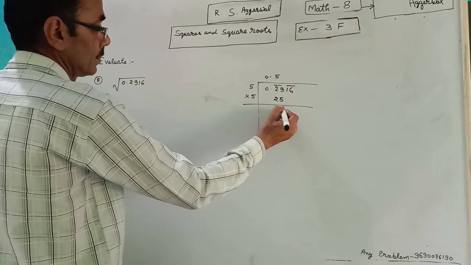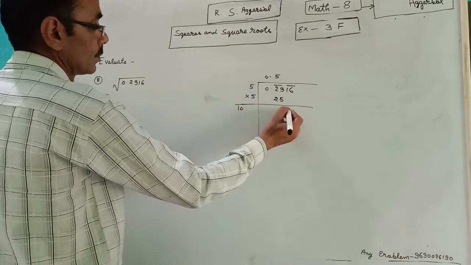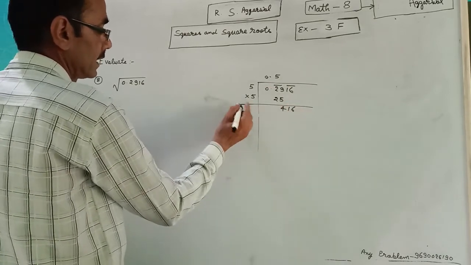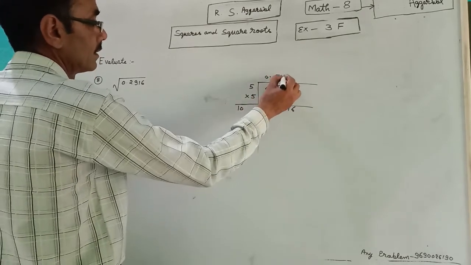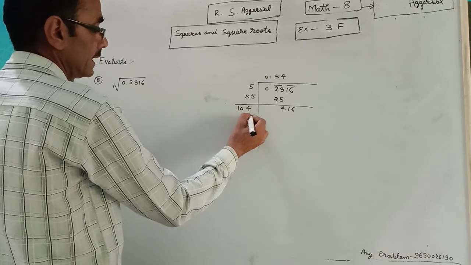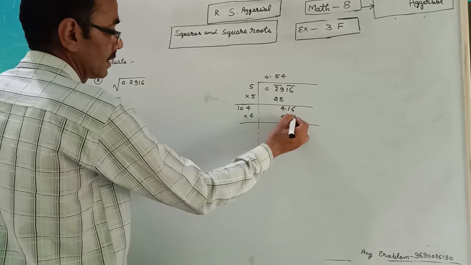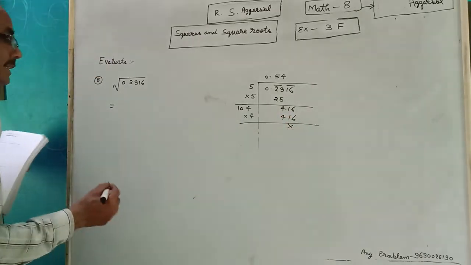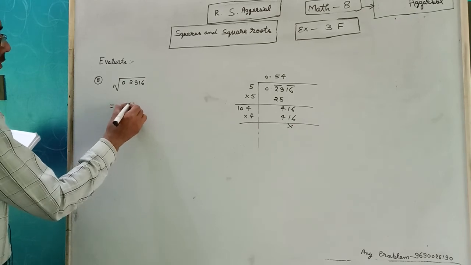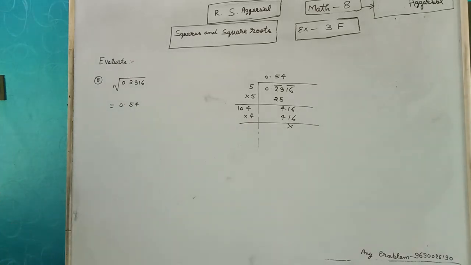After minus is 4. 5 double is 10. Put the pair. 6 is hide. 10 table read 41 is 4. 4 write inside of 10 and multiply by 4. After multiply 416. So 0.54 is square root of 0.2916.